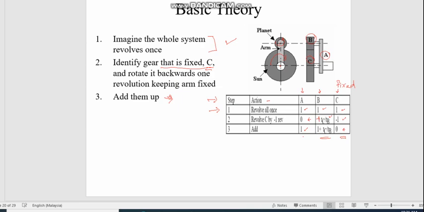It shows that if A, the arm, rotates once, then B will rotate 1 plus TC over TB. And the directions of rotation would be the same between the arm and B, because both of them are plus values. So that's how you set up and analyze the relative movement between all the gears and the arm inside the epicyclic gear system.